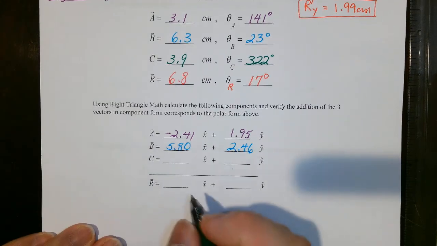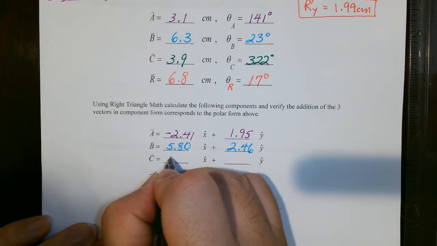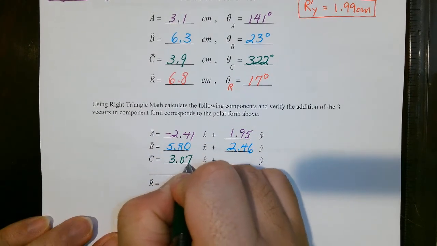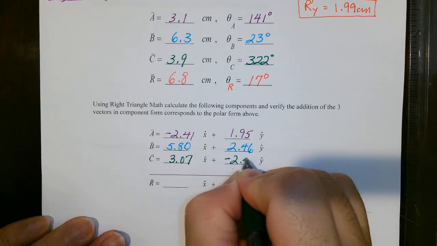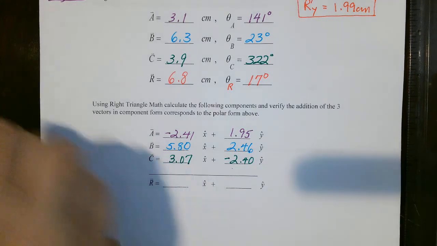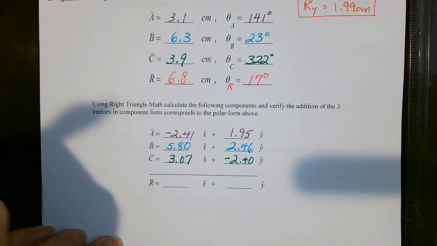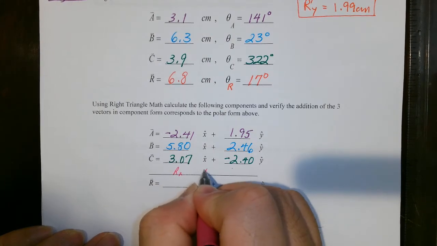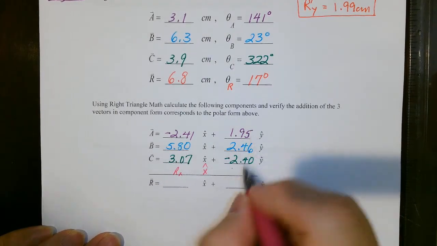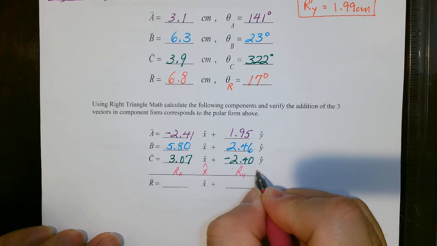And then for vector C, I have 3.07 X hat minus 2.40 Y hat. So when I add all the X's, I should get my RX, right? And when I add all my Y's, I should get my RY.